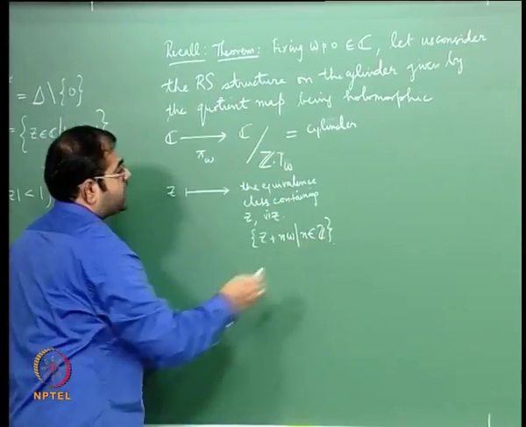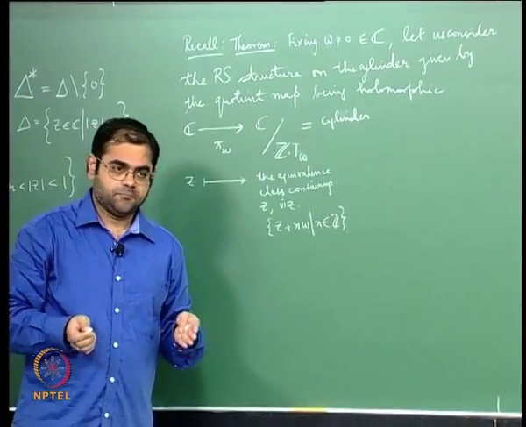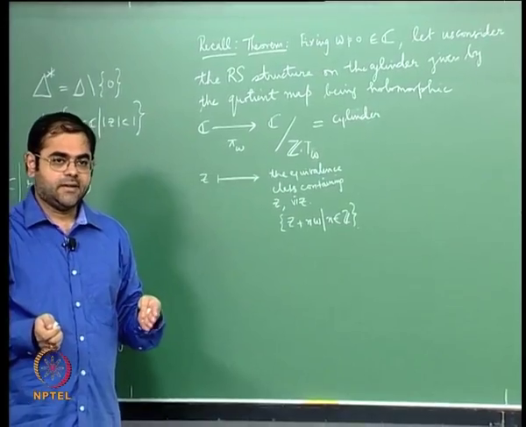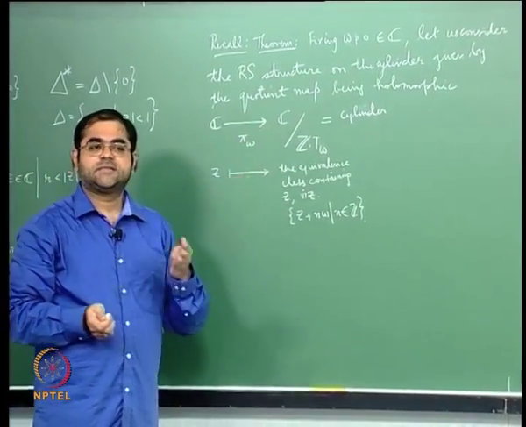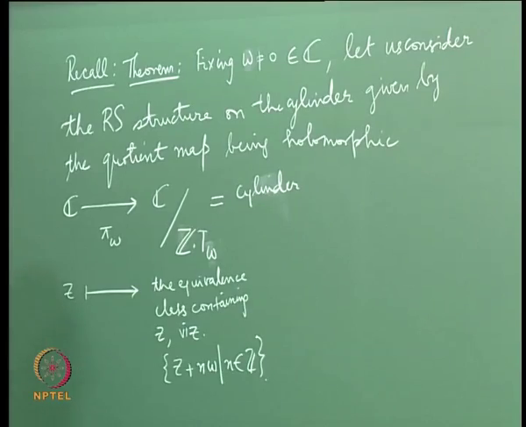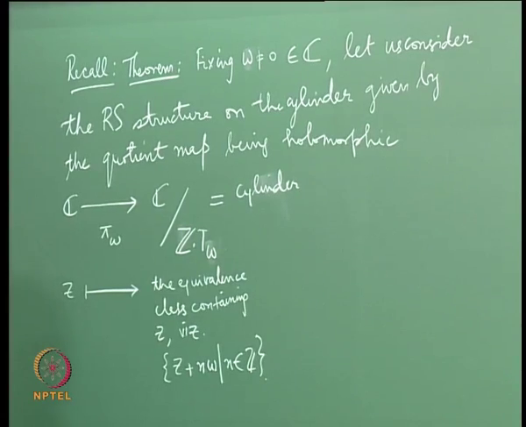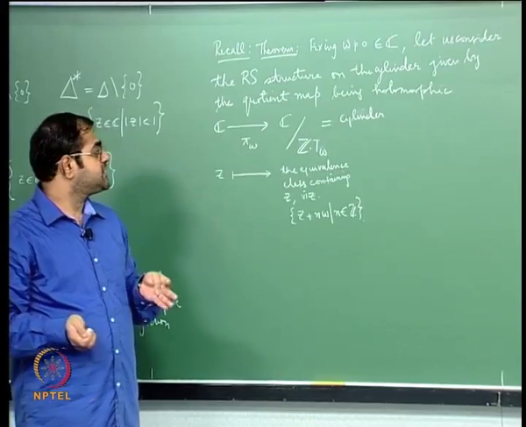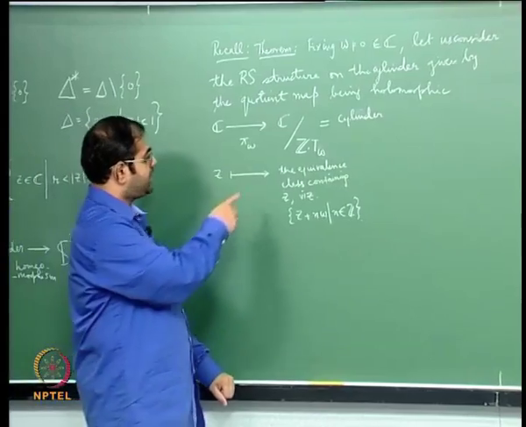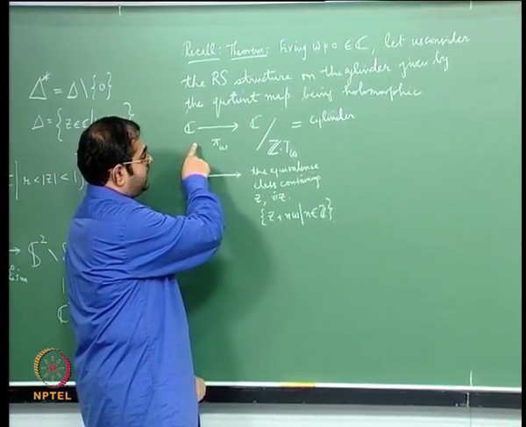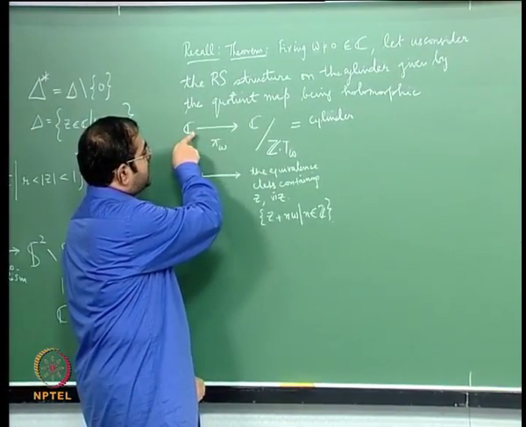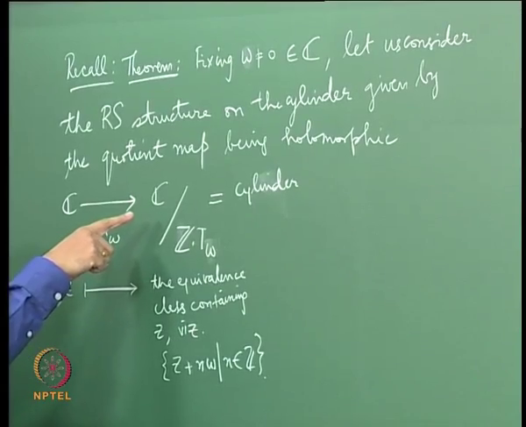So now the question is, if I vary omega, in principle I can get various Riemann surface structures on the cylinder which would depend on omega. Of course all these structures will correspond to a quotient map like this, right?